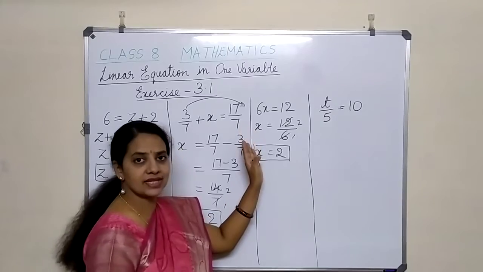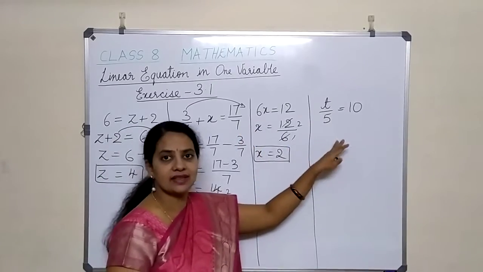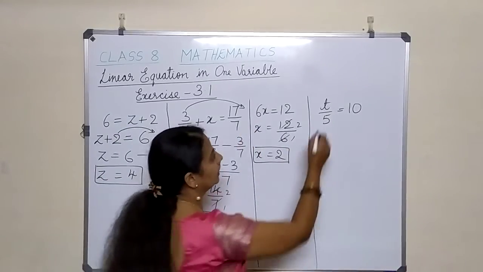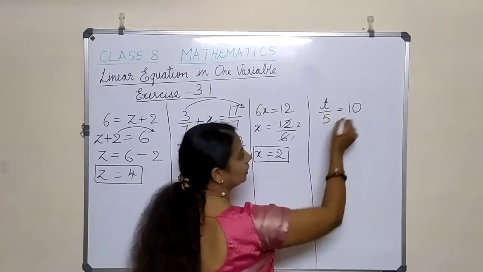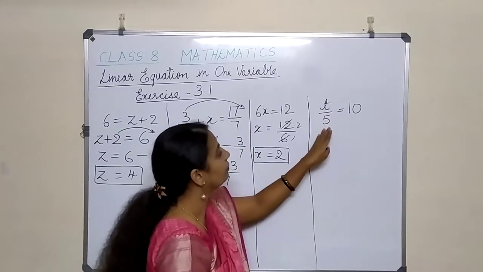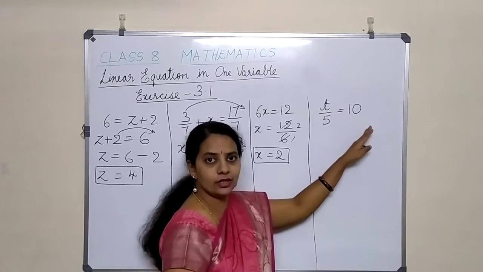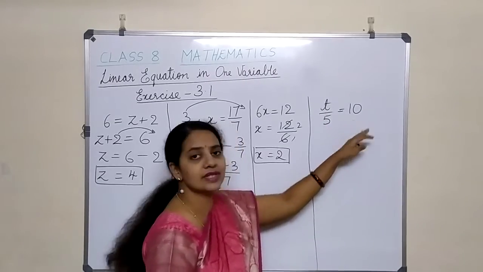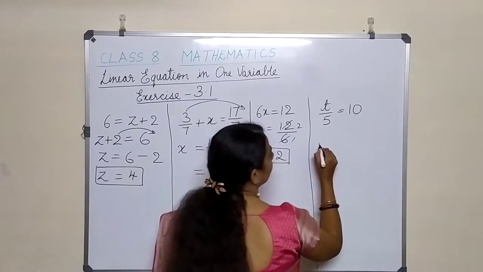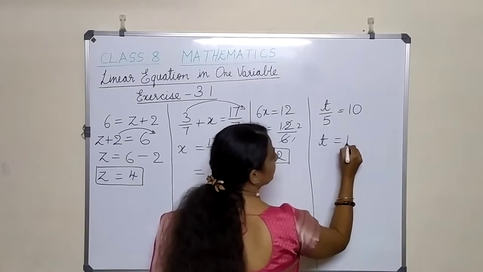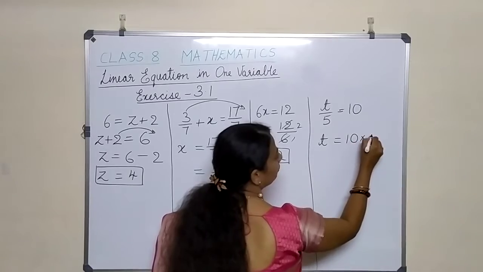If you have a divisor this side, we will see that example over here. Here t by 5 is equal to 10. So 5 is the divisor here. So when I want to transfer this 5 to the other side of the equation, it becomes a multiplicand. So this can be written as t equals 10 into 5.